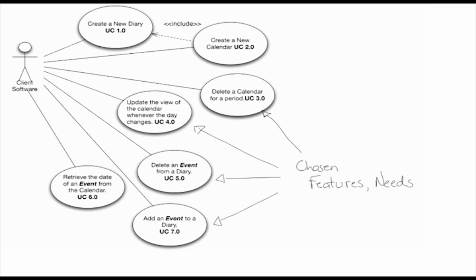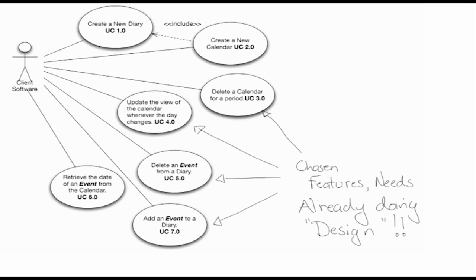Creating a new diary, creating a new calendar, deleting a calendar, updating a calendar, deleting an event, and so on. So when we start breaking the system down into these kinds of interactions and these kinds of tasks, yes, we're doing analysis, but we're already starting to do design.